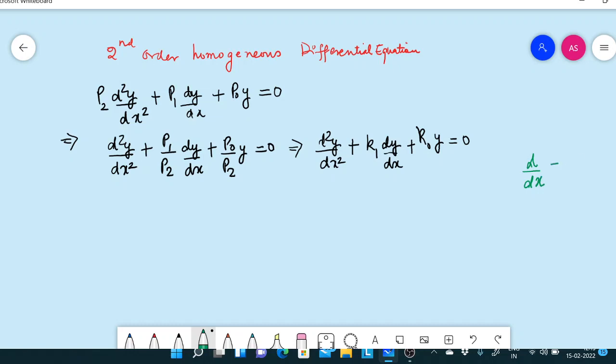So we can denote this differential operator by a symbol capital D and rewrite our differential equation in terms of capital D. So this becomes D square, that is apply d by dx twice, which gives rise to second order of differentiation with respect to x.